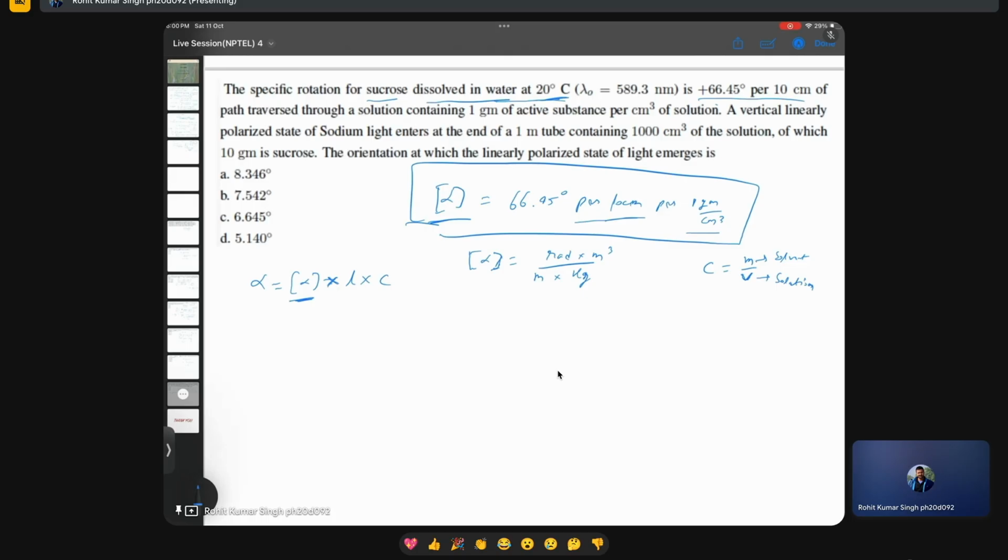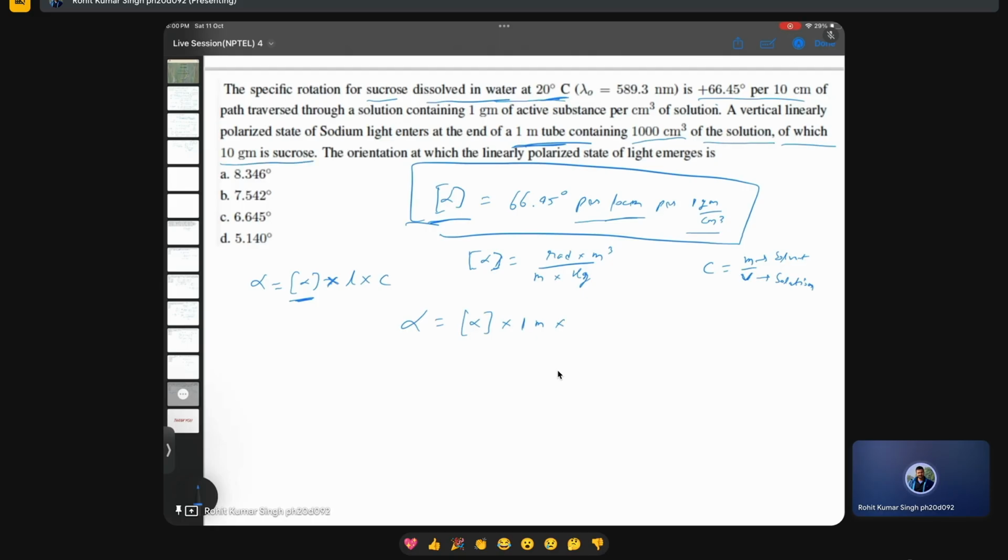So everything is given here, but we have to look carefully. So the formula is this. Length here is given. So length is what? 1 meter of the tube here. And it contains 1000 centimeter cube of the solution, of which 10 gram is sucrose.